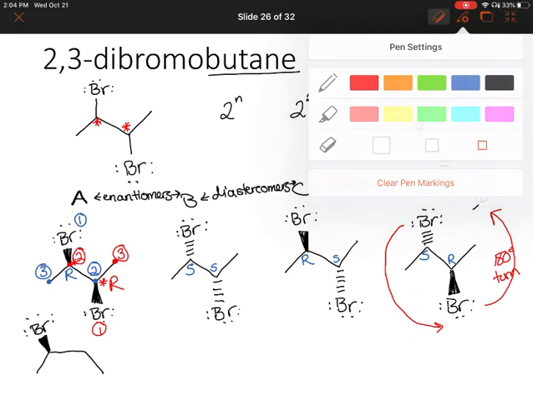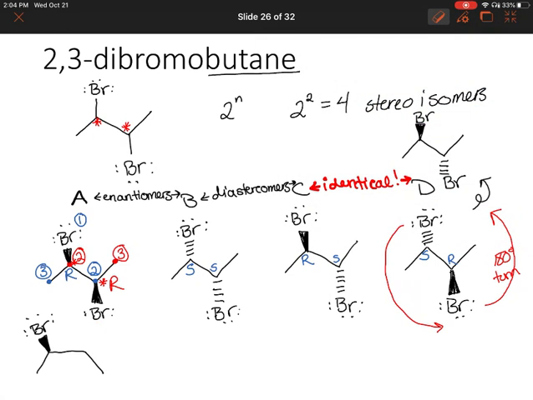Oh, and let me make a little bit of room here. So the bromine on the bottom facing down is in a wedge position, but if we flip it up so that it mirrors the first bromine, then it will be in a dashed position.